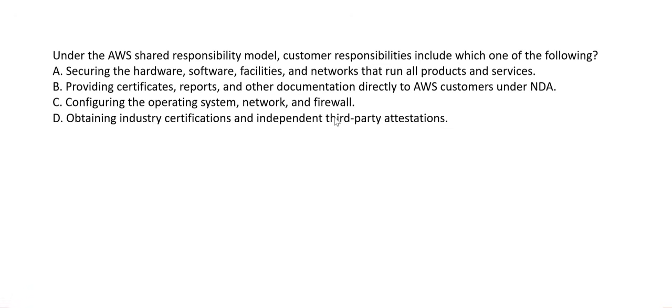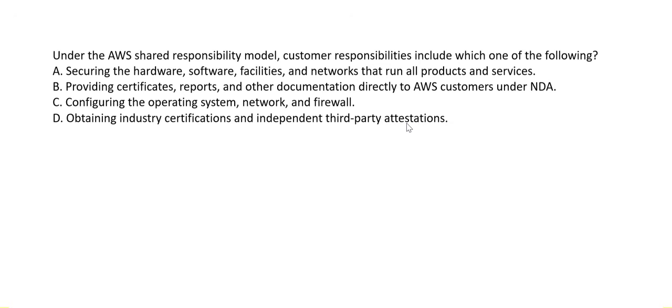Security groups for EC2 instances can act as a firewall. When you create an EC2 instance, you set up what IPs you want to allow as part of your security groups. You can configure DDoS for additional protection. This is something customers have to do. So C is correct.